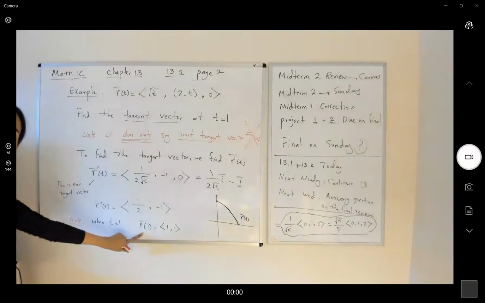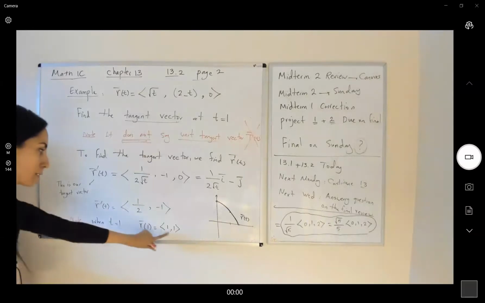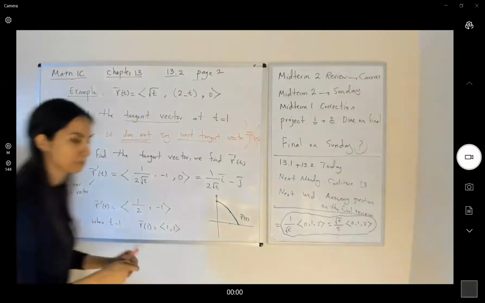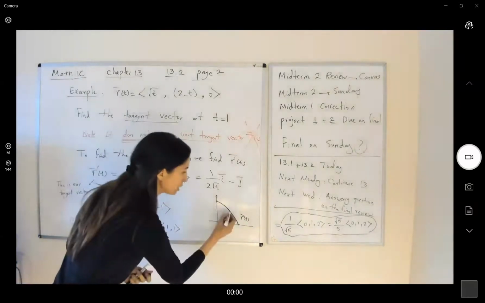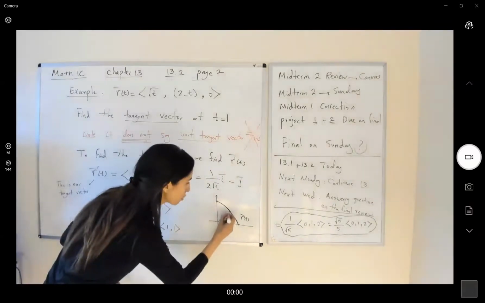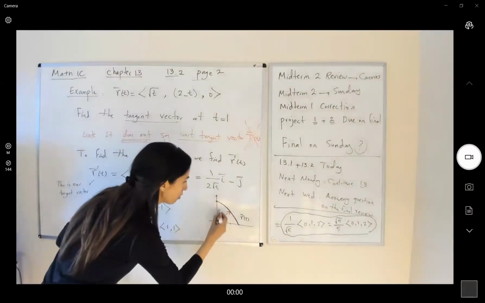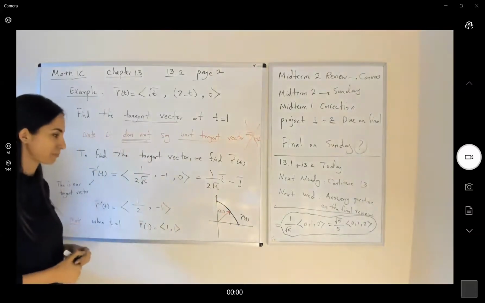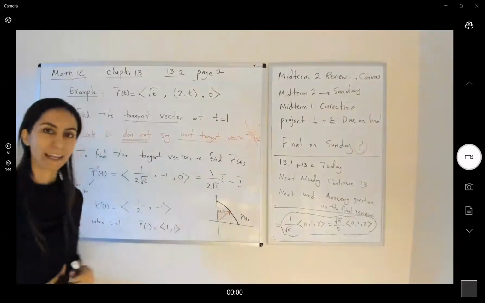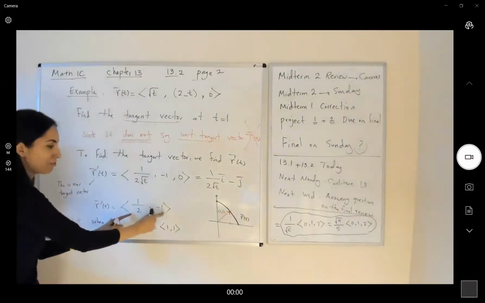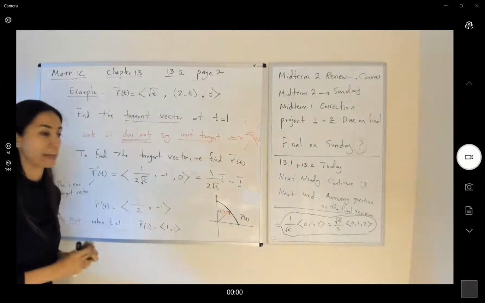When t is equal to 1, the point on the graph is 1 and 1. So 1 and 1 is here. Since it's a vector, we connect that to the origin. At 1 and 1, your tangent vector is a half in x and negative 1 in y.